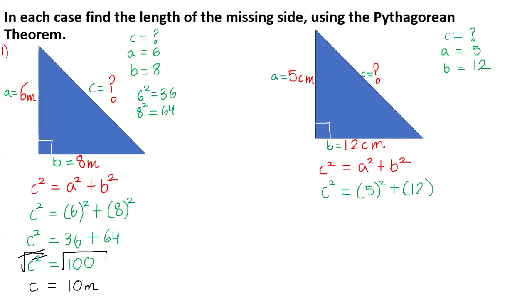You understand how to do these problems, Chanel? Yes, sir. Someone said they don't understand, Jed, okay, no problem. So Chanel, what are we gonna do with 5 squared? So it'll be 25 plus 144.